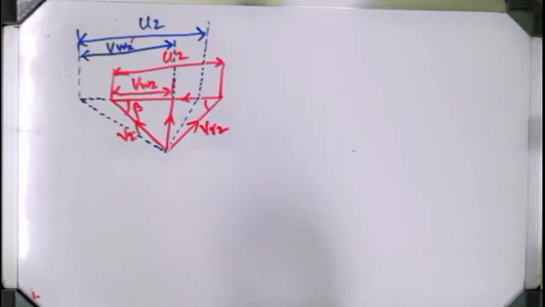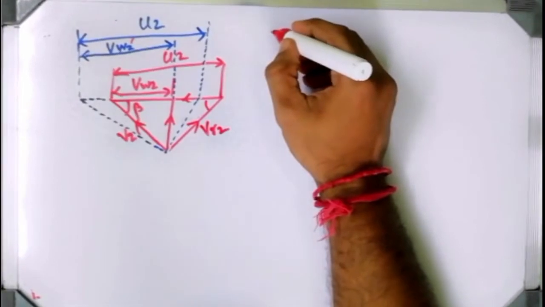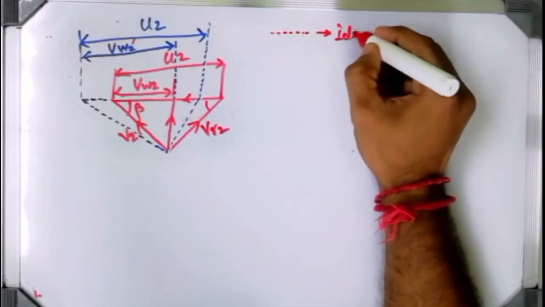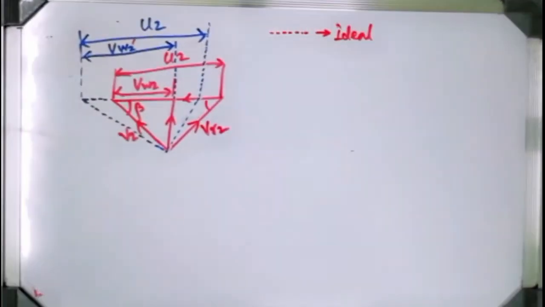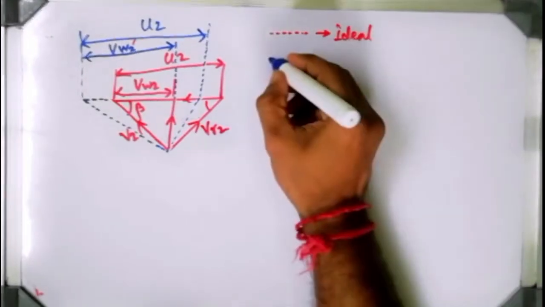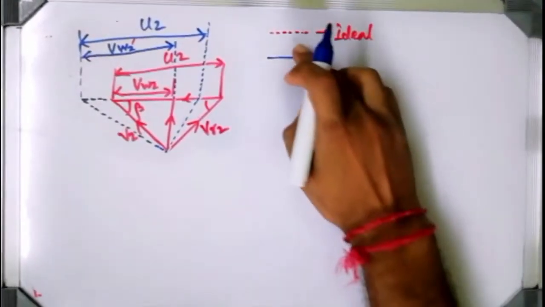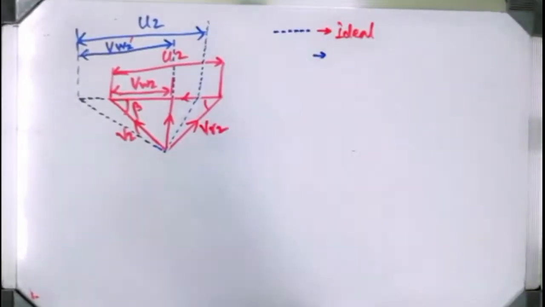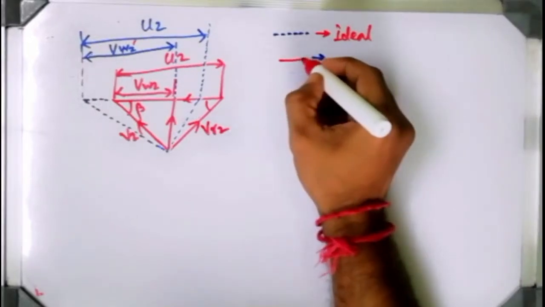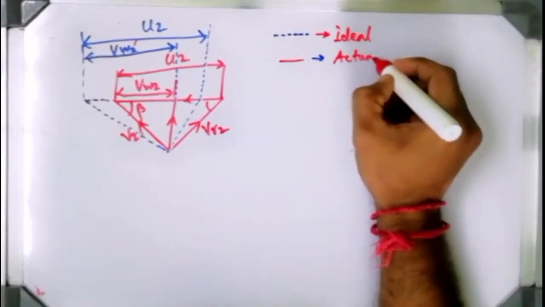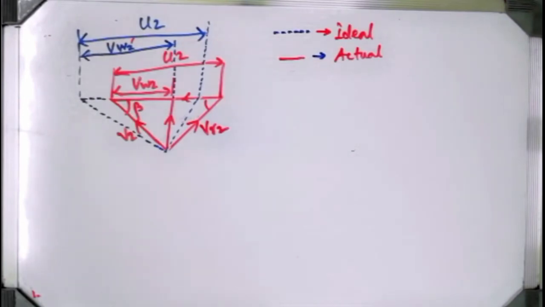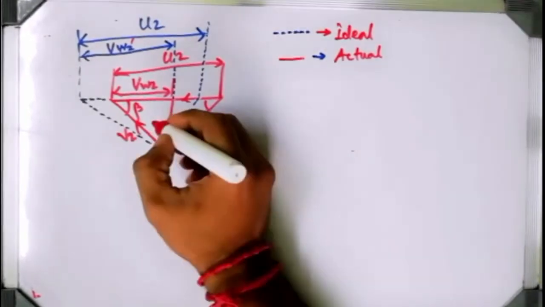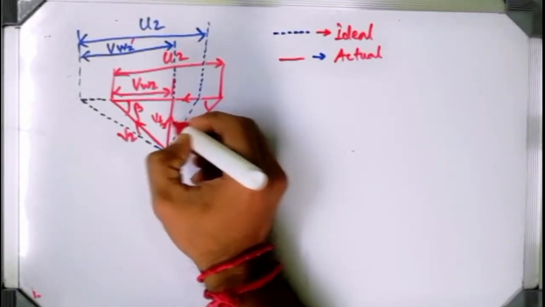What I have drawn over here, first make it clear that this dotted line is representing the ideal one, and the firm line is representing the actual one. Now from this diagram, this one is VF2, and this angle is phi.